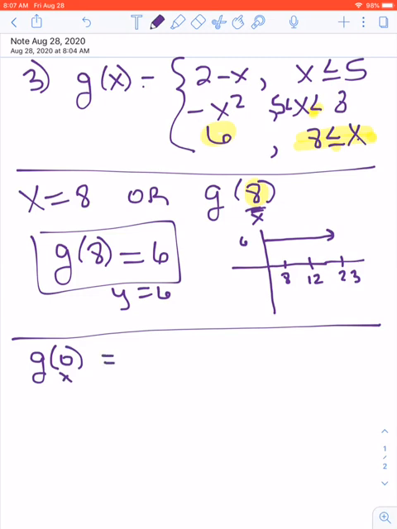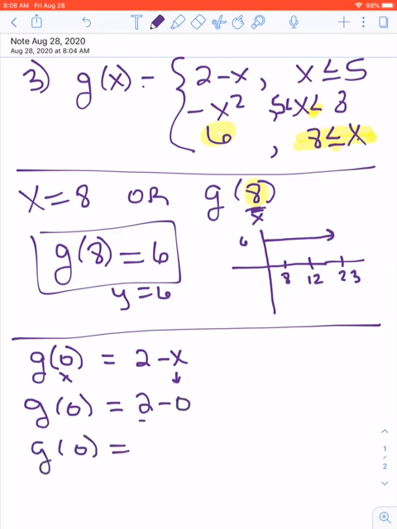So it meets that parameter, so I'm using the 2 minus x function. G of 0 is just function notation, and so you're going to plug 0 in for x, and then you do the math, and 2 minus 0 is 2.